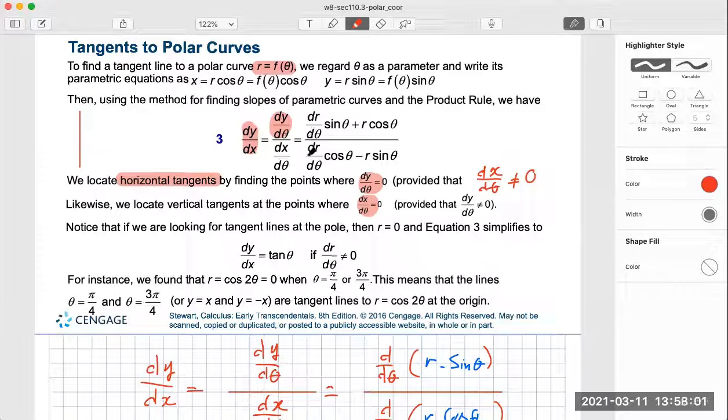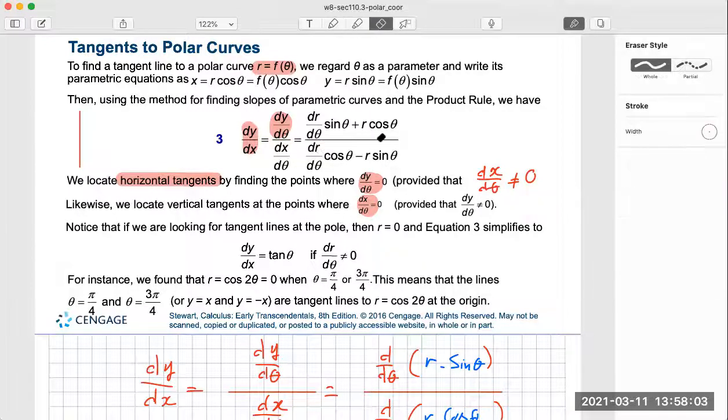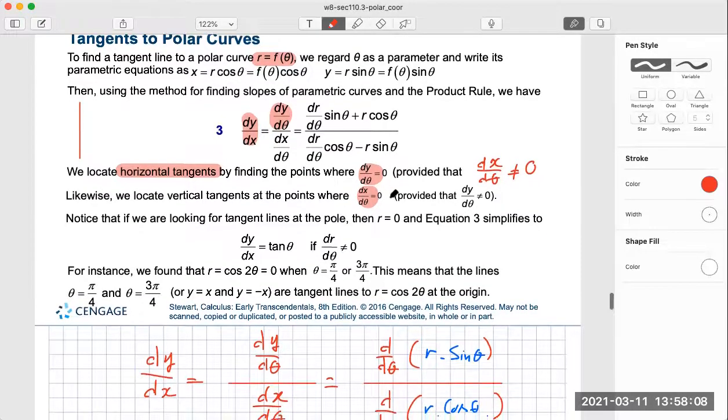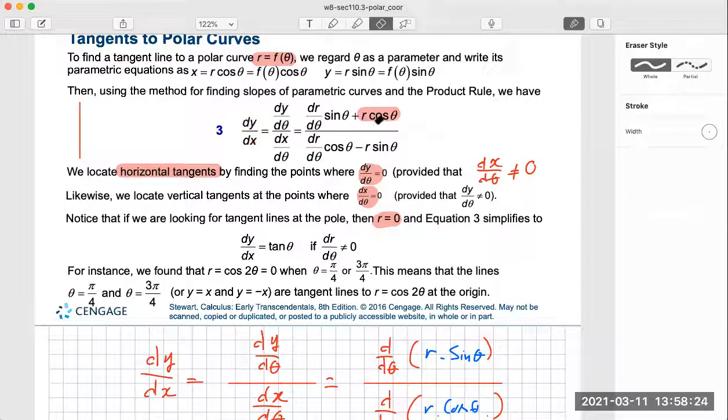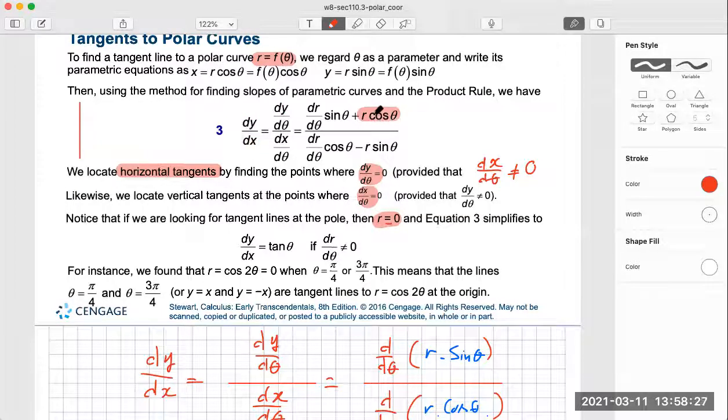But in that case, what we need to do is substitute here. In polar coordinates, suppose r is equal to 0, meaning at the pole. When r is equal to 0, we put it into this formula: what is this product? If r is equal to 0, this one will be 0, and this one will also be 0.